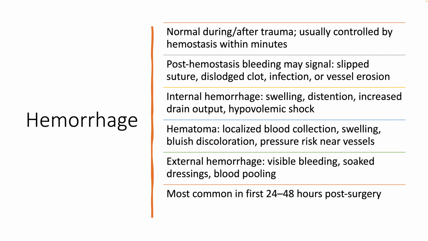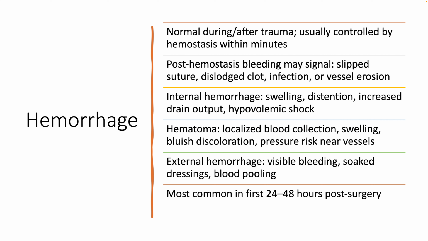If there is post-hemostasis bleeding, it could signal that a suture has been pulled, a clot has been dislodged, maybe there's infection, or maybe a blood vessel has been eroded. With internal hemorrhage, you get swelling at the site, you could get distension and increased drain output, and in severe cases, if there's a lot of hemorrhage, the patient could go into hypovolemic shock.